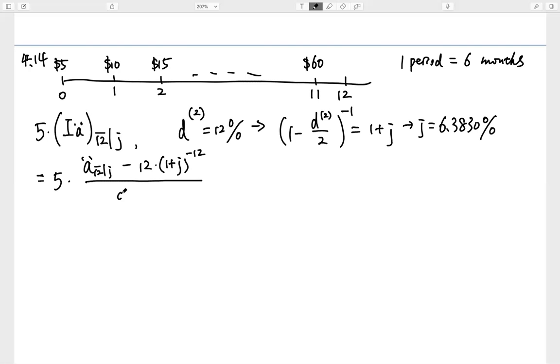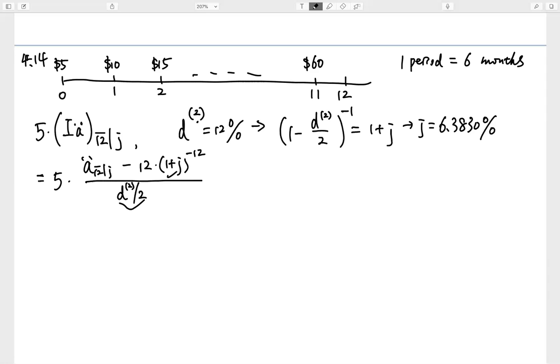Actually this is nice because it matches the discount frequency of the given one, which is 2, right? Here we want j for 6 months. This is exactly for 6 months. And obviously we know everything. We know this, we know this.